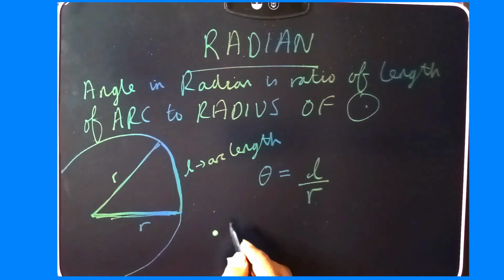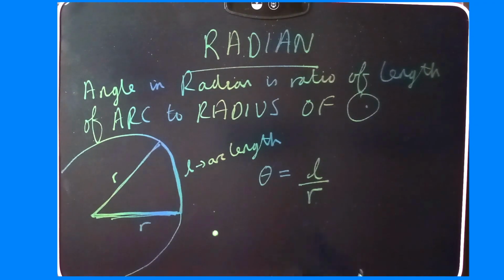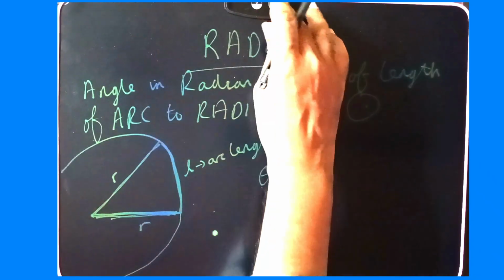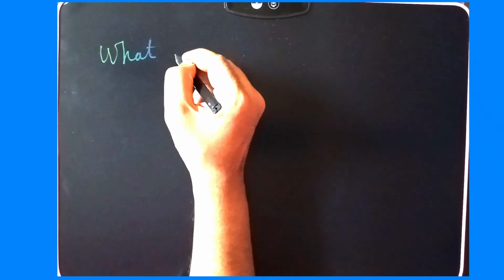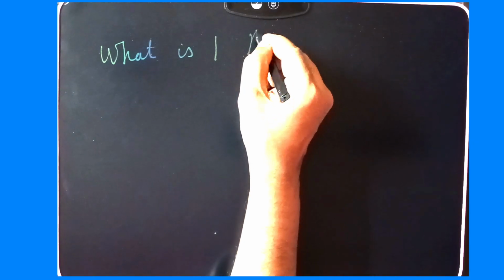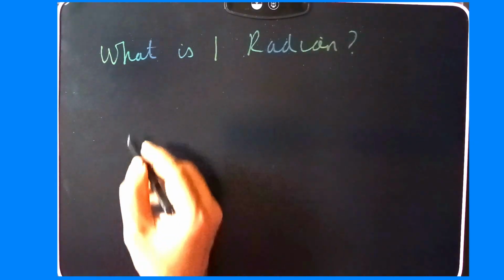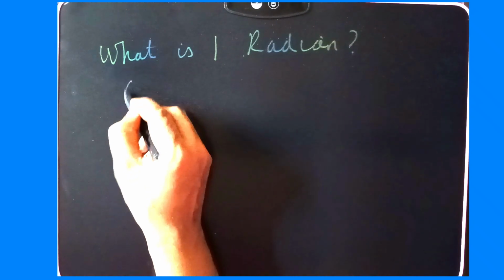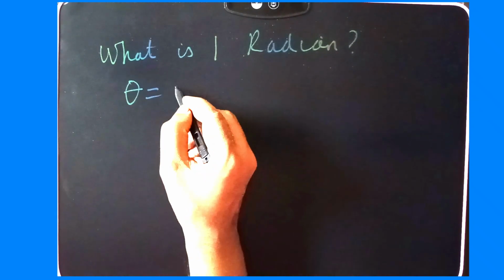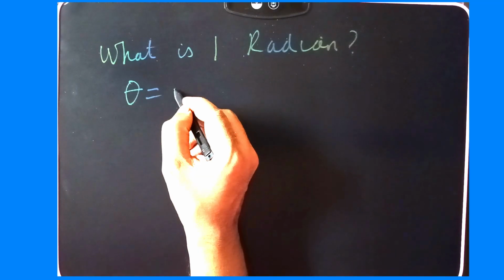So what is 1 radian? If I want to get 1 radian, I'll say theta is equal to length by radius. I will take the length as r itself.